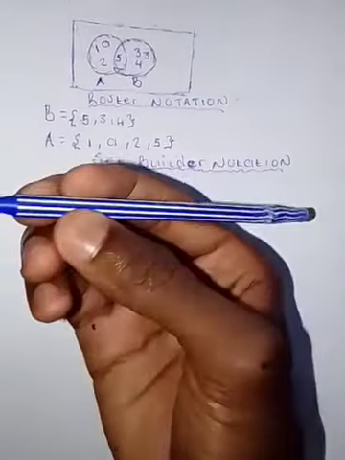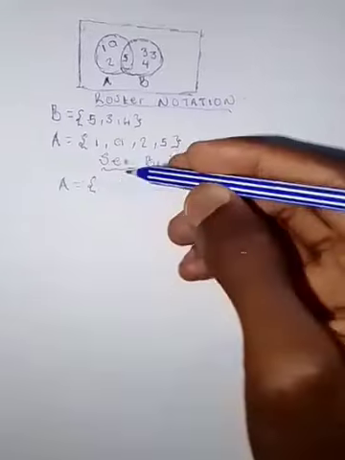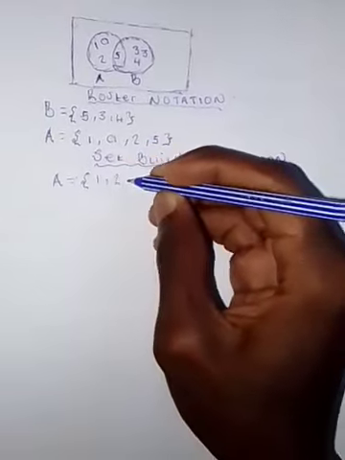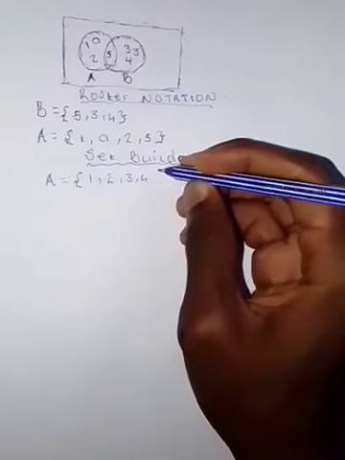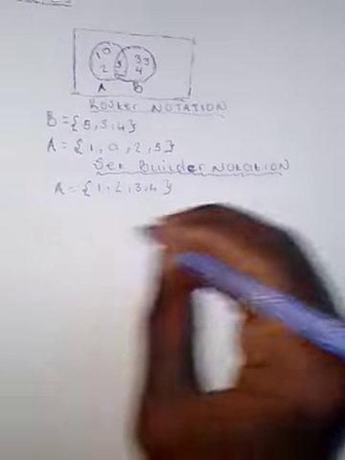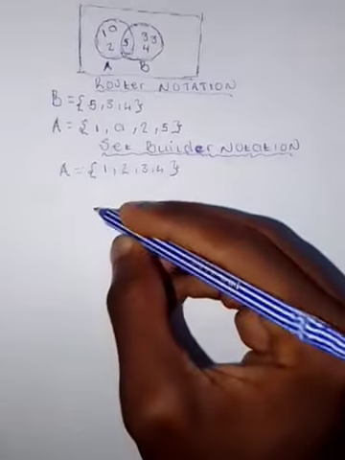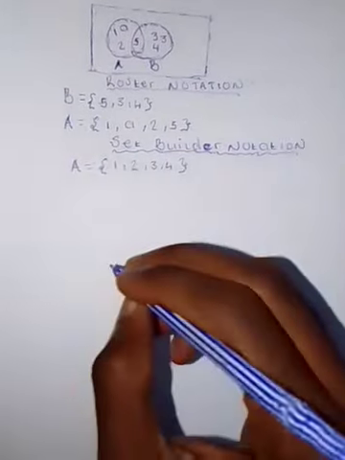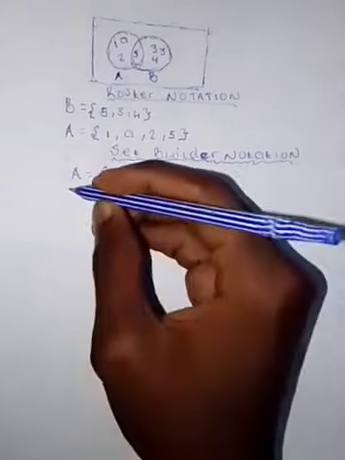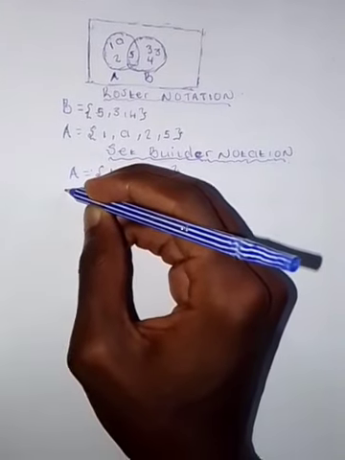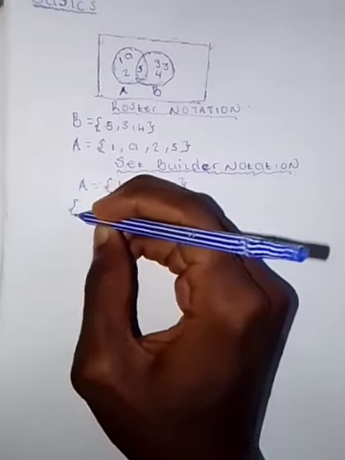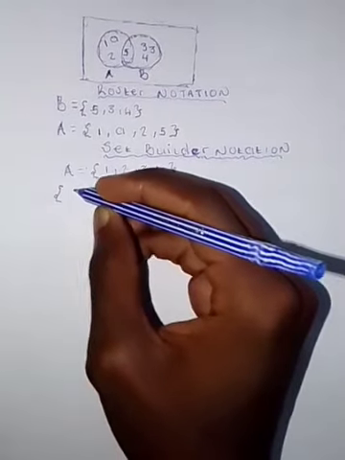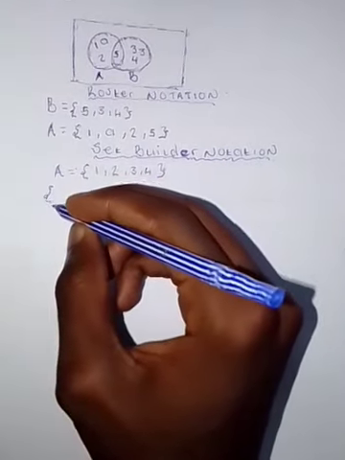You know that natural numbers start from one going up, right? They're simply counting numbers. Let's say we have 1, 2, 3, 4. In order to represent this set in set builder notation, you need to write the curly brackets, because they also should be wrapped in curly brackets.